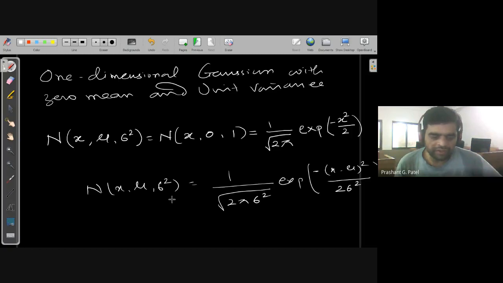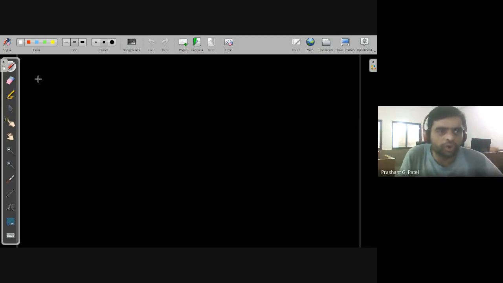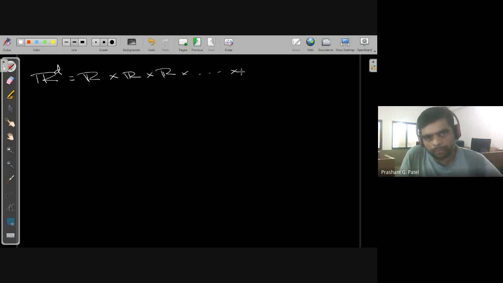So if we generate random points in d-dimensional space, when I talk about a d-dimensional space, you should know what you mean by this R^d. That is the cross product of R, d times, and in that manner this is x1, x2 up to xd.